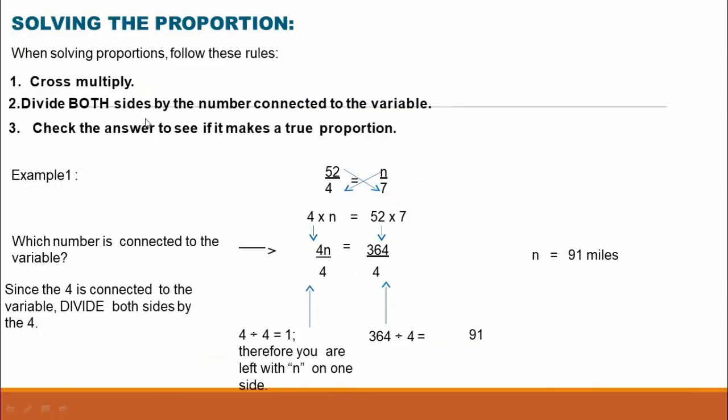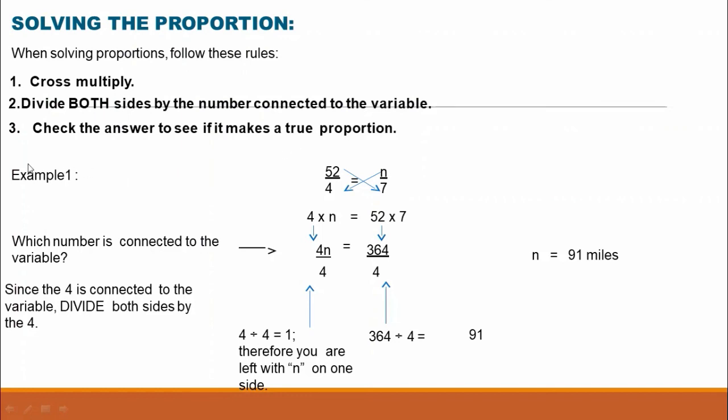Now, solving a proportion. How to solve a proportion? As I have already told you, first of all use cross multiplication, then divide both sides by the number connected to the variable, and then check the answer to see if it makes a true proportion.